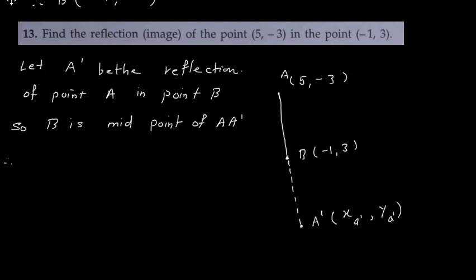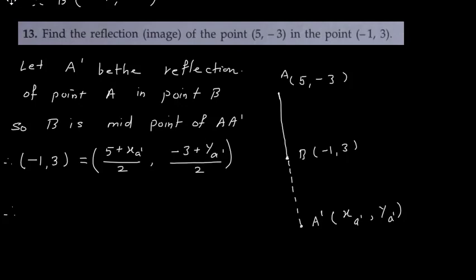Therefore here you can say that this (-1, 3) is equal to (5 plus xA dash) divided by 2, comma, (-3 plus yA dash) divided by 2.